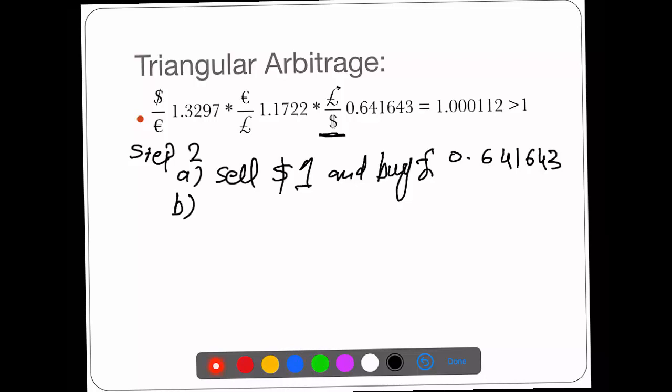The second part, which I am naming B, now I have what? I have pounds. So all I have to sell is pound and buy the third currency, which is the euro. So I'm selling the pound 0.641643 and buying euro. And in order to buy the euro, I need to do the calculation in such a way that in the numerator and the denominator, the other currency gets cancelled out.